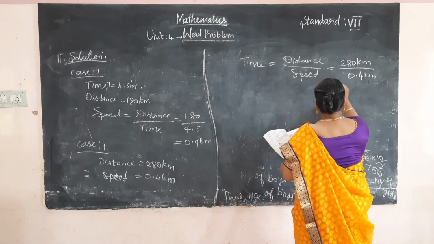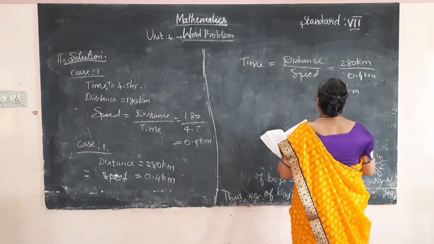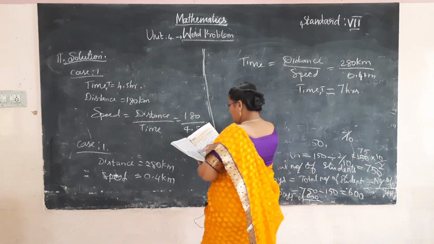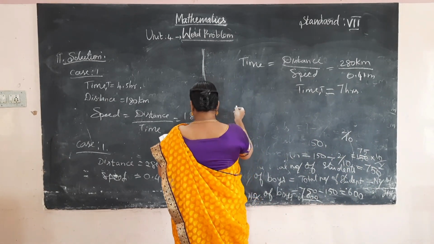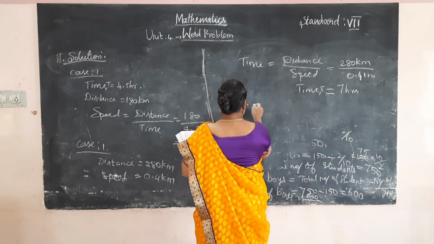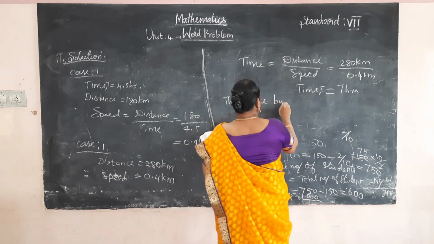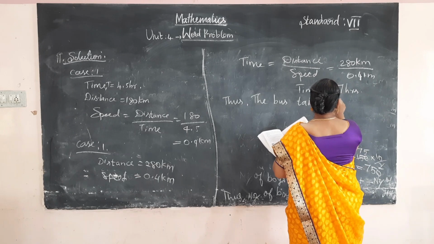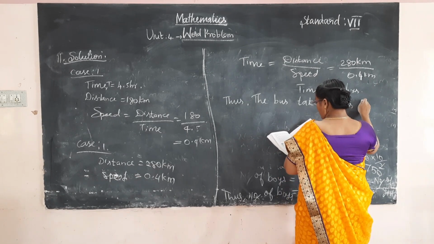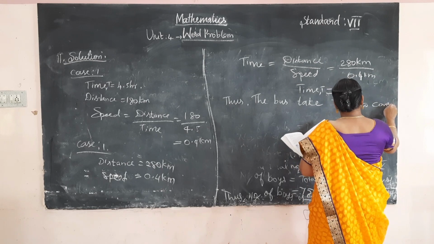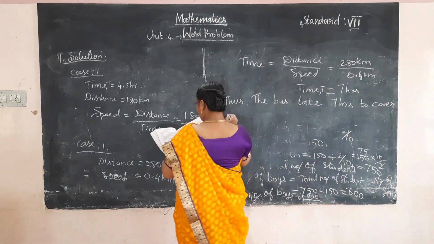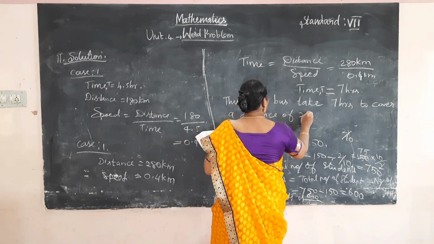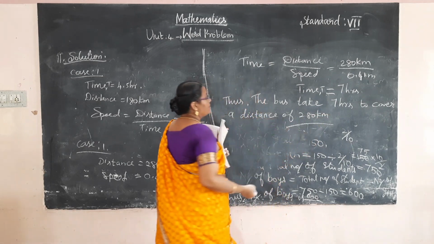What is the value? 7 hours. Thus the bus takes 7 hours to cover a distance of 280 kilometers. That's it.